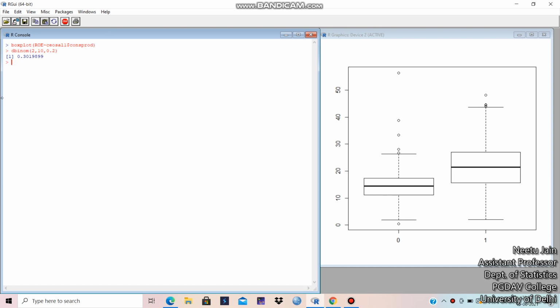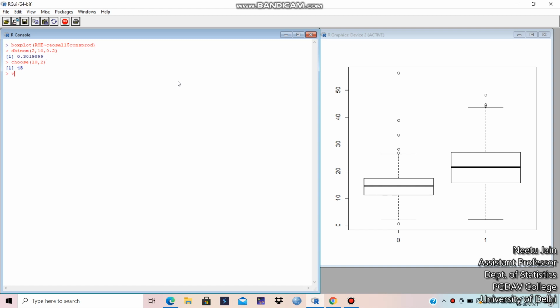Now I will show you how to calculate it through the pedestrian approach, meaning manually. nCx we can calculate through choose(10, 2). This is nCx, 10C2 is equal to 45.